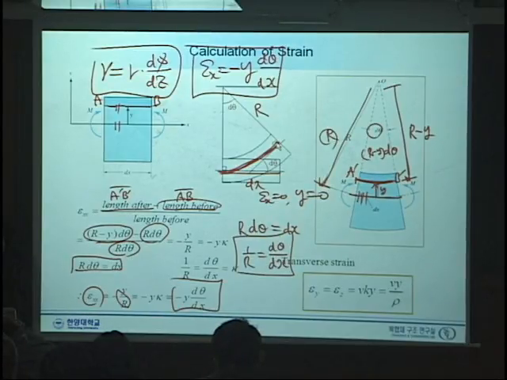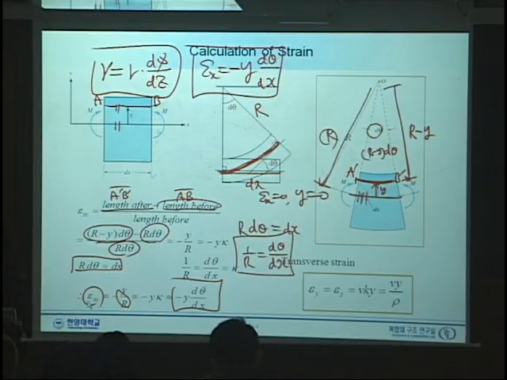So these lengths should be the same as dx. From this observation, we have r d theta equal to dx. So 1 over r is d theta over dx. Curvature is nothing but the rate of the angle along the x-axis. So instead of 1 over r, we use d theta dx.